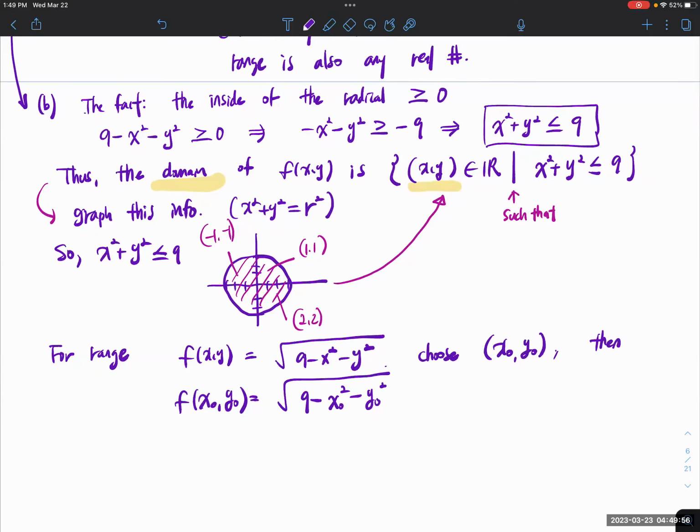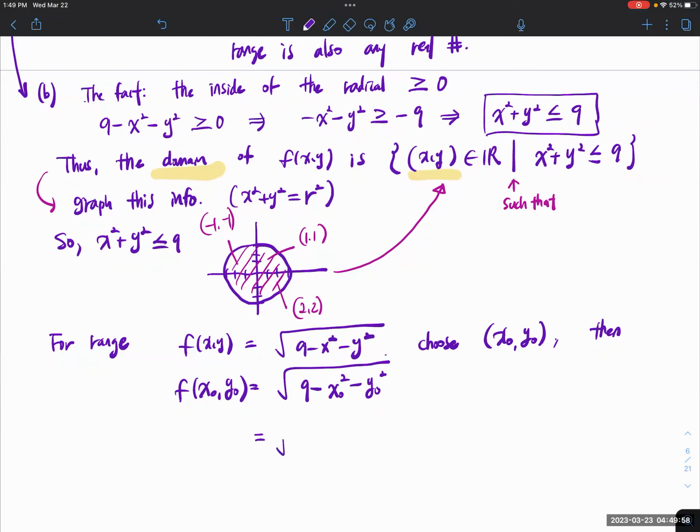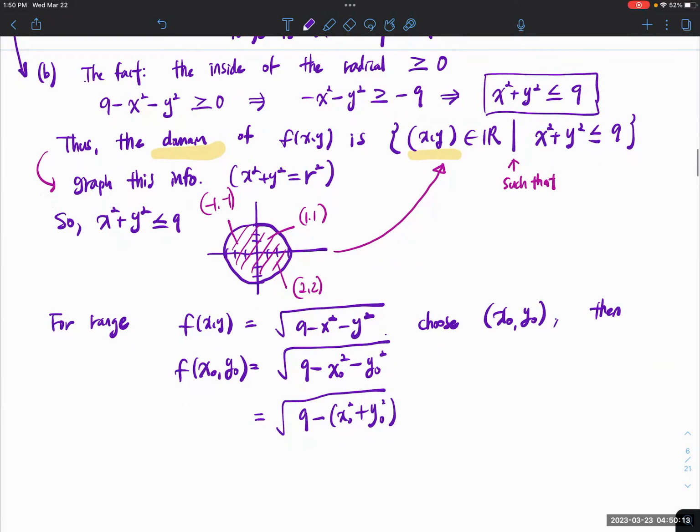And then let me keep modifying. This means 9 minus x0 squared, and I can factor out the common negative number outside, and then positive y0 squared. So we can keep modifying by plugging in x0, y0.